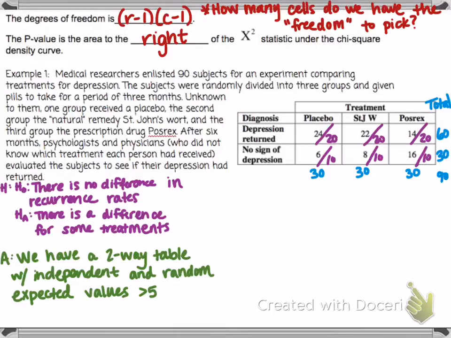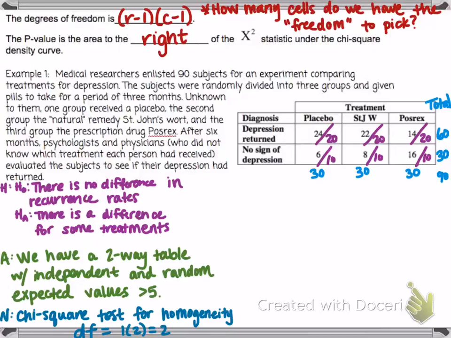Okay, so it says that the groups were randomly divided, and they're independent of each other because they're not knowing if they're getting the placebo or the prescription drug or the natural remedy. Okay, and then all of your expected values, again, should be greater than 5, and they are. We've got 20s and 10s. So those are the assumptions I'm checking for. Okay, when all of that is met, and I'm looking at are those proportions the same across, then I know that I'm doing a chi-square test for homogeneity.